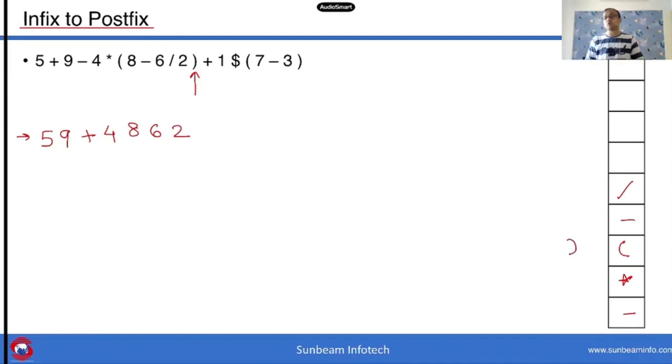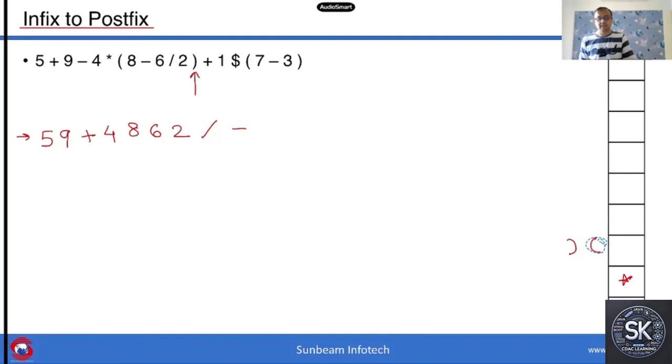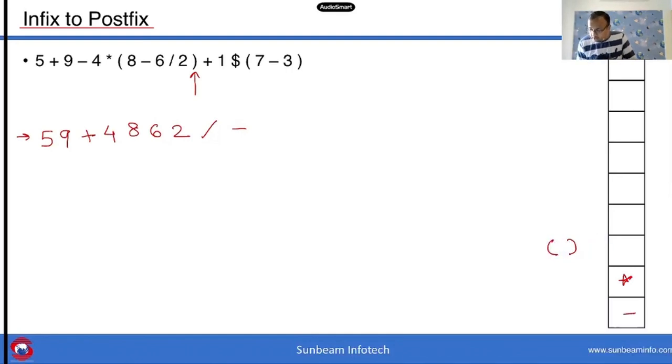Now, the moment you find a closing parenthesis, the sub expression is completed. And if your sub expression is completed, all the things pushed inside, you pop them, append them. Now I found the matching one of the sub expression. Pop that also and discard it.